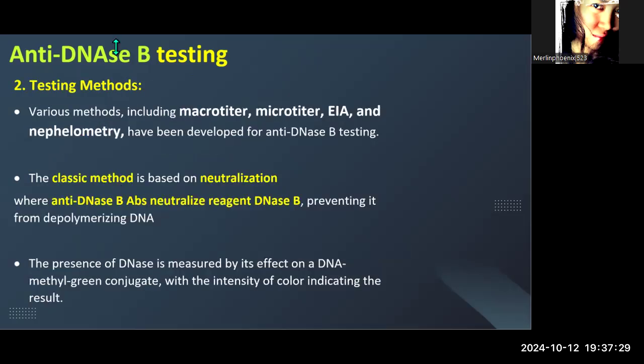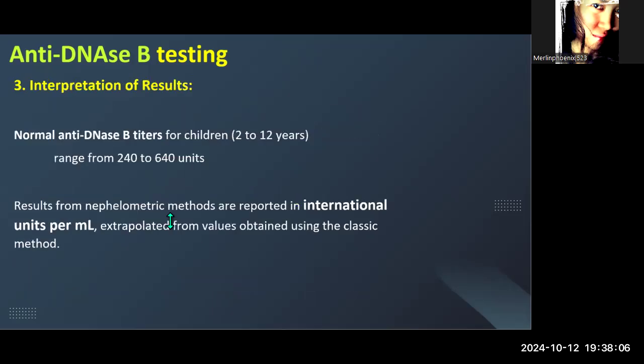So, testing methods for anti-DNase B testing. Various methods including macro and micro titer, ELISA, and nephelometry have been developed for anti-DNase B testing. The classic method relies on neutralization, where anti-DNase B antibodies inhibit reagent DNase B from depolymerizing DNA. The presence of DNase is assessed by its impact on the DNA-methyl green conjugate, with the color intensity indicating the results.